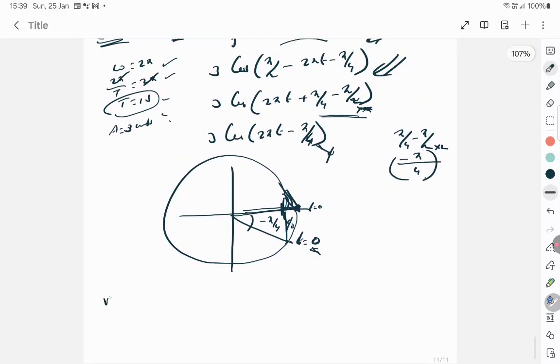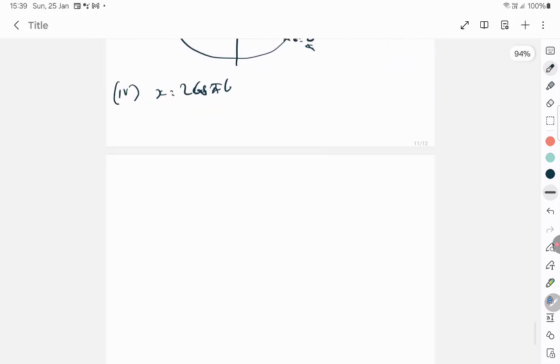The next subdivision, oh my god, is x equal to 2 cos pi t. That answers it. I didn't see that it's all one question where you have to compare all the cosines. Cos pi t shows that there is no phase difference; it is already at the extreme position.